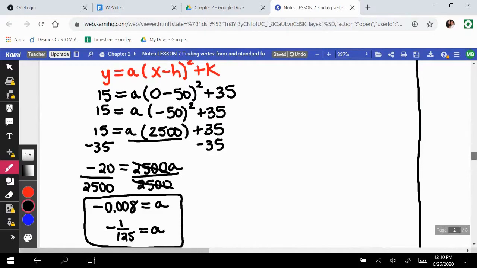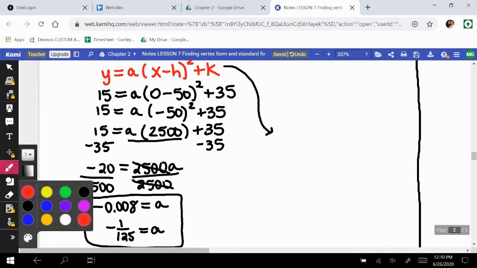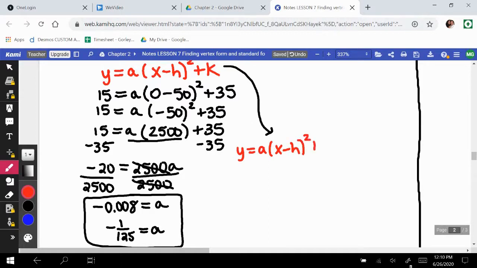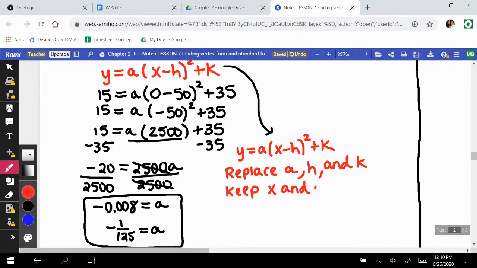Remember, my original function looked like this: y equals a(x minus h) squared plus k. When you rewrite your original function, you want to replace a, replace h, and replace k with what they're equal to. And we're going to keep x and y just as variables.